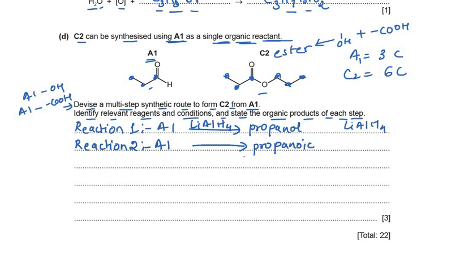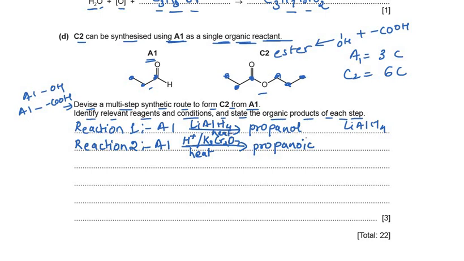So we need to use an oxidizing agent, and the simplest oxidizing agent that changes aldehyde to carboxylic acid is potassium dichromate, K2Cr2O7 in an acidified condition. So to mention acidification, we are writing H plus, that mentions the acidified potassium dichromate. Now in both the reactions we can write heating also. Heat I am adding in both the reactions.